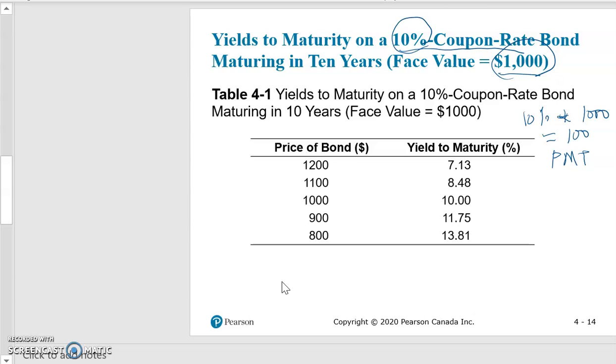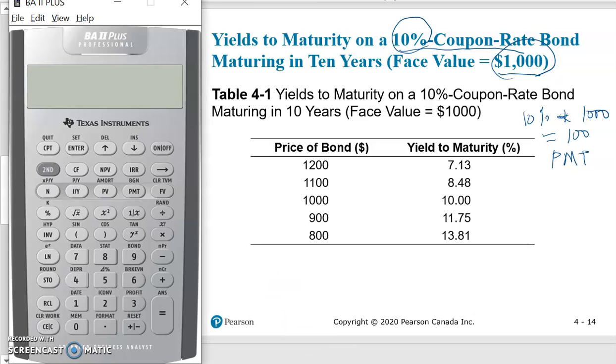So let's use a financial calculator to calculate the yield to maturity. I'm using a Texas Instruments BA II Plus calculator. It looks something like this, but you could use any financial calculator or even try one which is freely available on the internet.